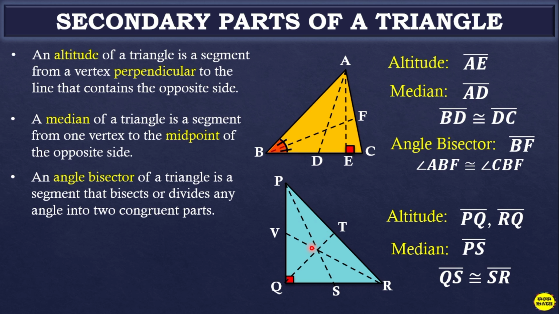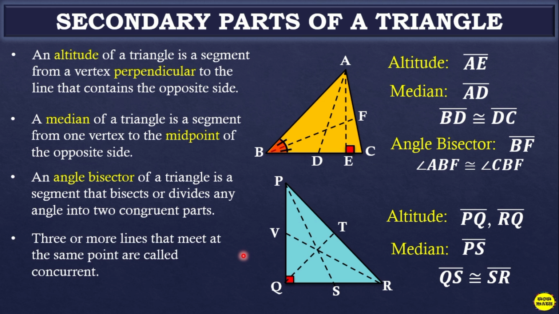Now, we can also call these lines by another term. When we have 3 or more lines intersecting each other, those are what we call concurrent lines. Okay? So, any lines that intersect at one point are what we call concurrent lines.